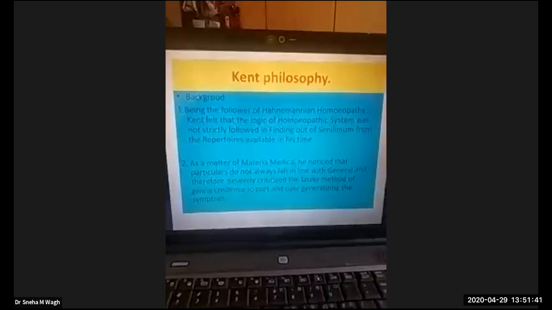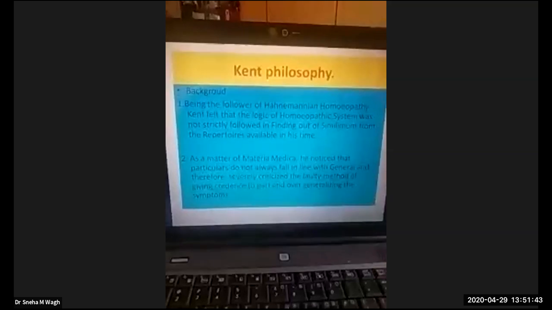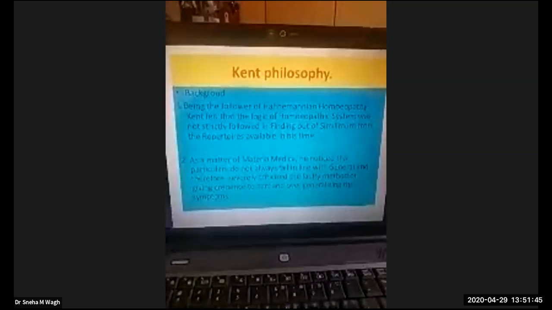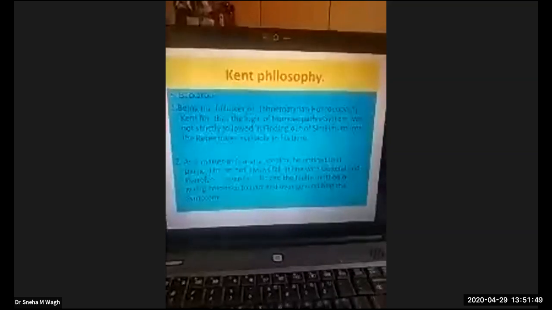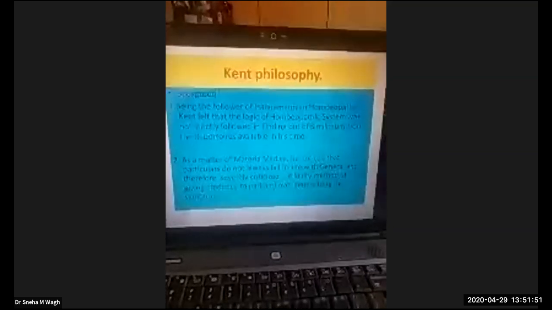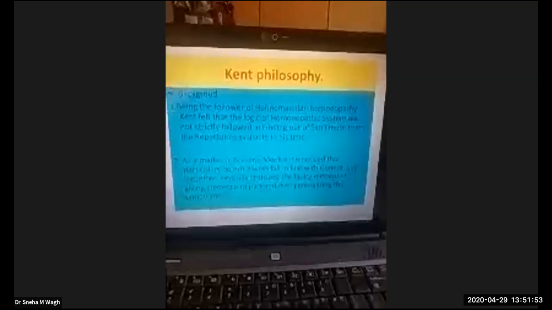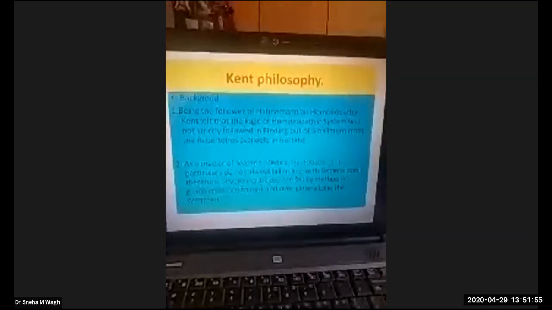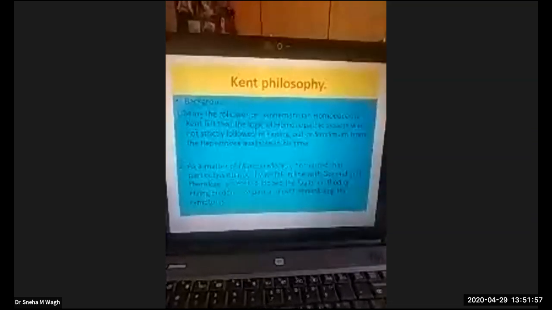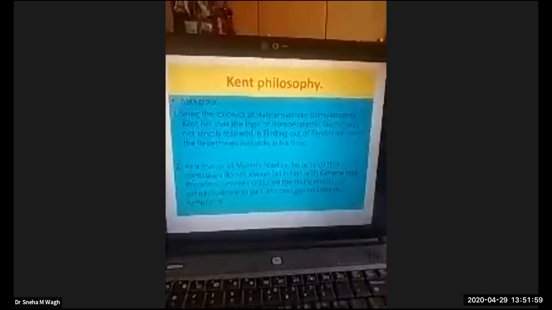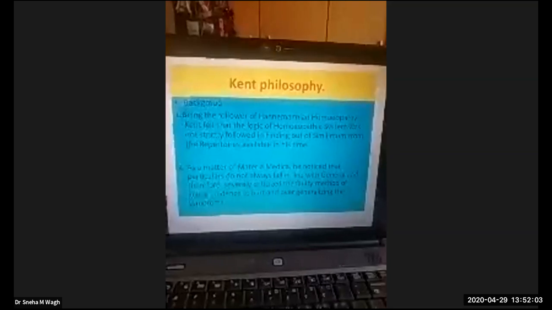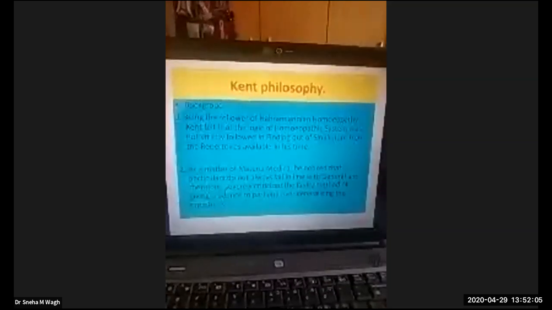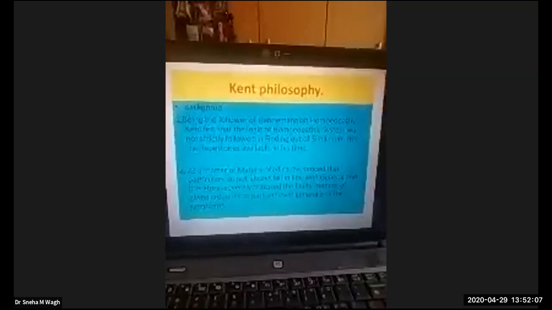As a matter of fact, particulars do not always follow in line with generals, and therefore he severely criticized the faulty method of giving credence to parts and overgeneralizing the symptoms. That means Kent followed only the Hahnemann pattern, where he was emphasizing more on generals than particulars.